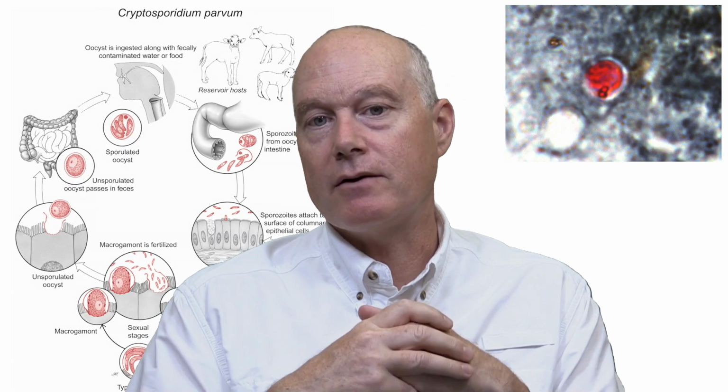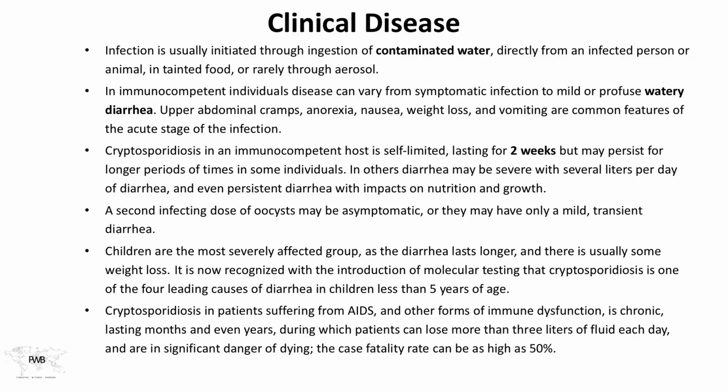Now let's talk a little bit about clinical disease. Infection is usually initiated through ingestion of contaminated water. It can also be directly from an infected person or animal, sometimes in tainted food, and rarely through aerosol, but there have been some reported incidents where that has occurred. In an immunocompetent individual, the disease can vary from symptomatic infection with mild to profuse watery diarrhea.